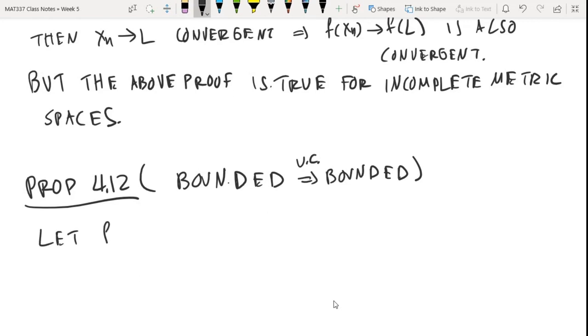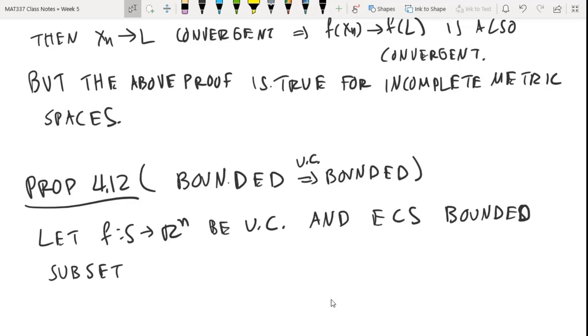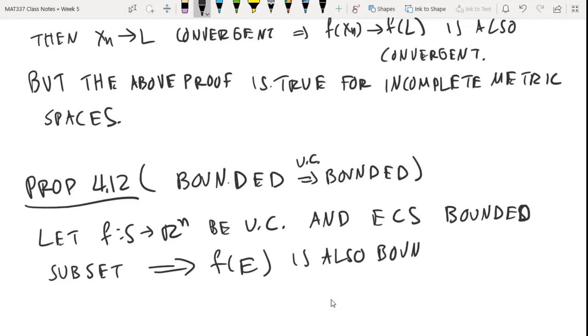Let f be UC, and E inside S a bounded subset. Then f of E is also bounded. So we'll prove this.